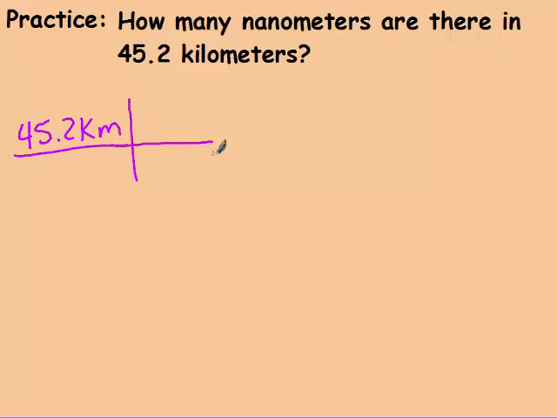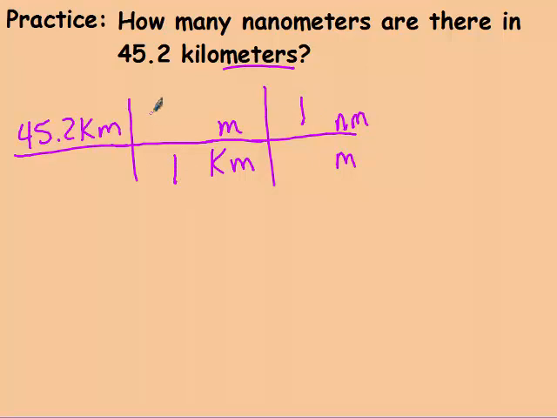So 45.2 kilometers is what you started with. Kilometers to meters, and then meters to nanometers. Ones go with the prefixes. Definitions of the prefixes go in the other boxes.